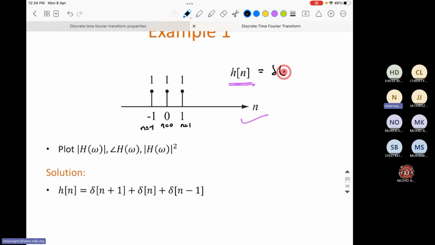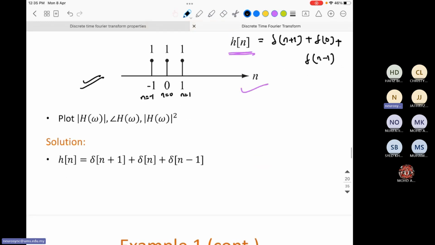So this is delta of n plus 1, plus 1 into delta of n, plus delta of n minus 1. Like this, I can write this sequence in terms of the impulse function. Any discrete time signal you can write in terms of step response and impulse response. Here I have written it in terms of the impulse response.